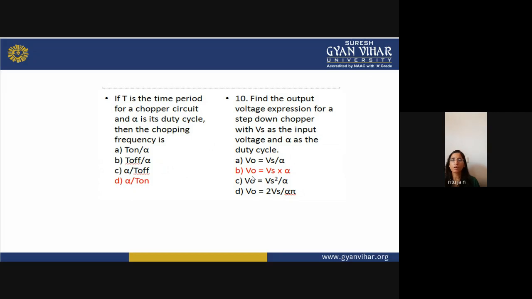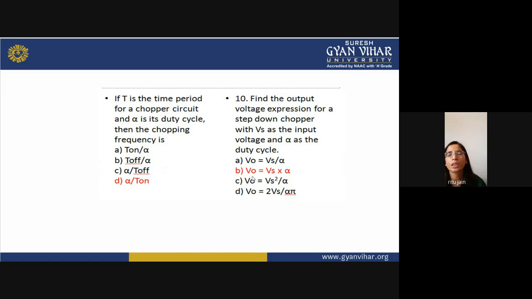So this is all about your chopper. I want to summarize my lecture: the chopper is a DC to DC converter. It's like your AC transformer, as it steps up or steps down the DC voltage. So from a fixed voltage, you can get variable voltage with the help of a chopper.